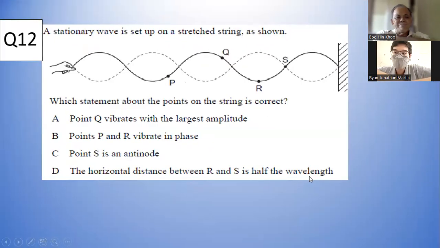Try this one. A standing wave is set up in a stretched string as shown. Which statement about the points in the string is correct?